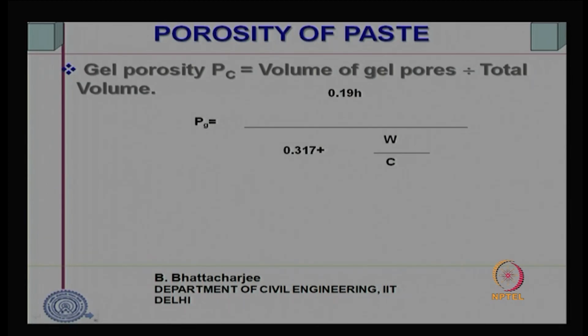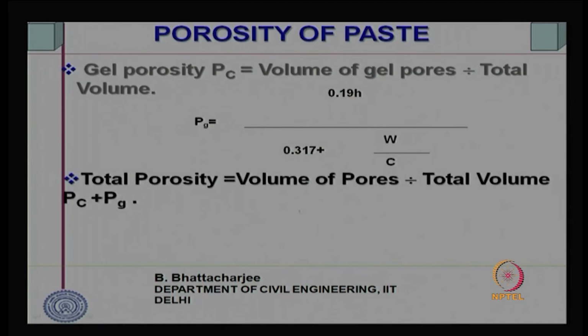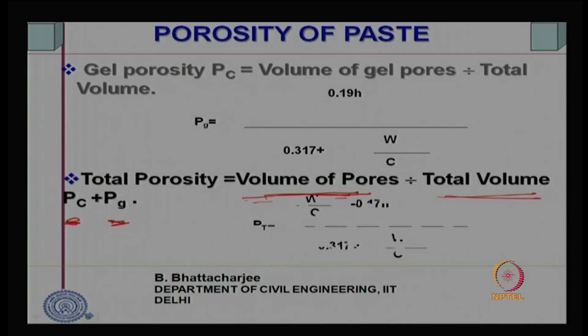So, if I sum this up, I will get the total porosity. Total porosity is the volume of gel pores plus capillary pores, divided by the total volume, and this is nothing but the sum of gel porosity plus capillary porosity. What do I get?